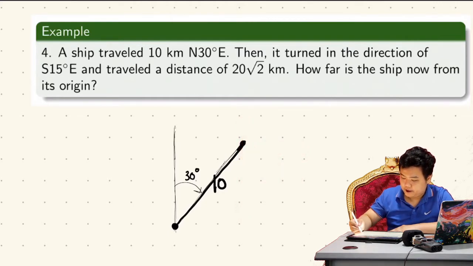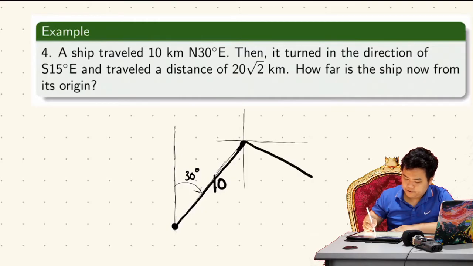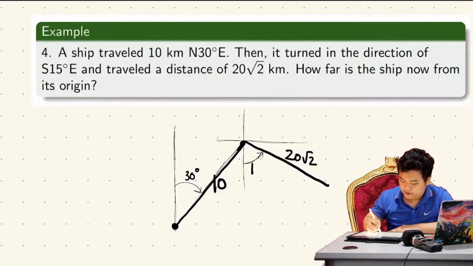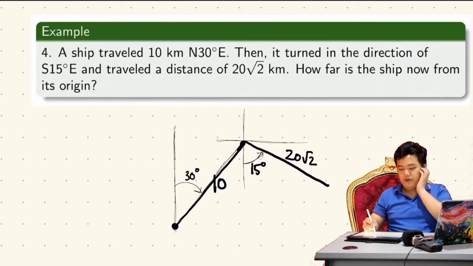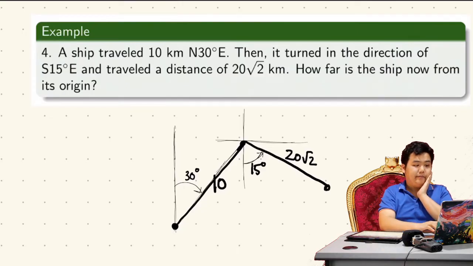Okay, drawing muna natin yung second path niya. Okay, so this is 20 square root of 2 kilometers. And this is 15 degrees daw. So, ang tanong, gaano kalayo siya from the starting point?